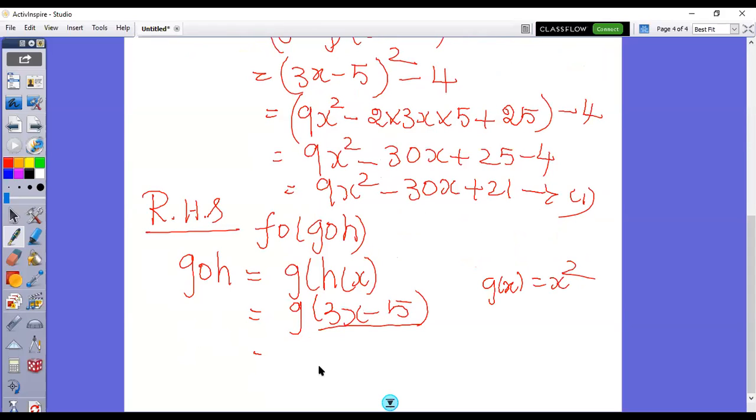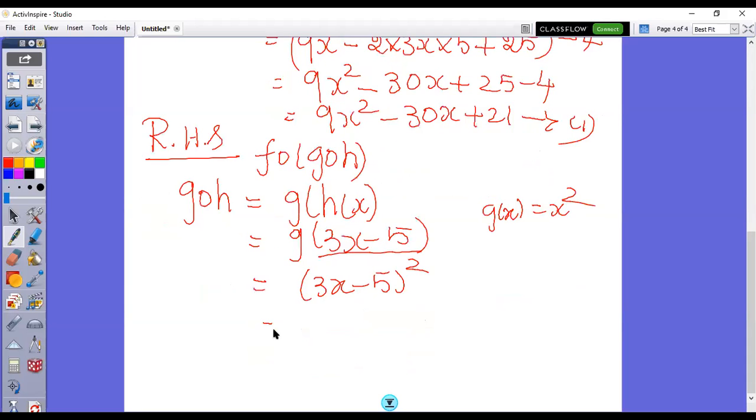So (3x minus 5) the whole square. Yes, (a minus b) the whole square, a square, 3 threes are 9x square minus 2ab, 2 into a into b, 5 twos are 10, 10 threes are 30x, plus 5 fives are 25. This is g composite of h.